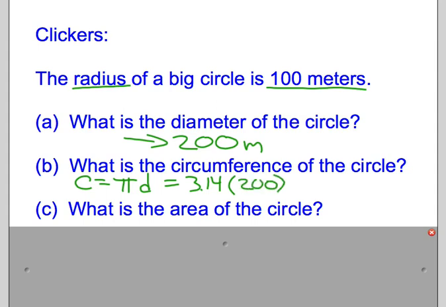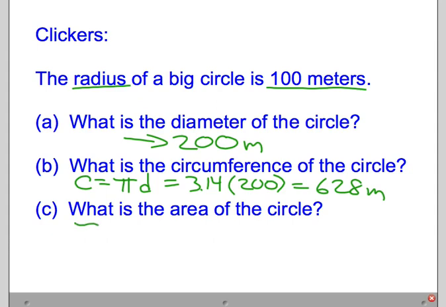So I take my 3.14 on my calculator times 200, and that gives me 628 meters, excuse me. And I do not square that because circumference is just measuring how far around it is.